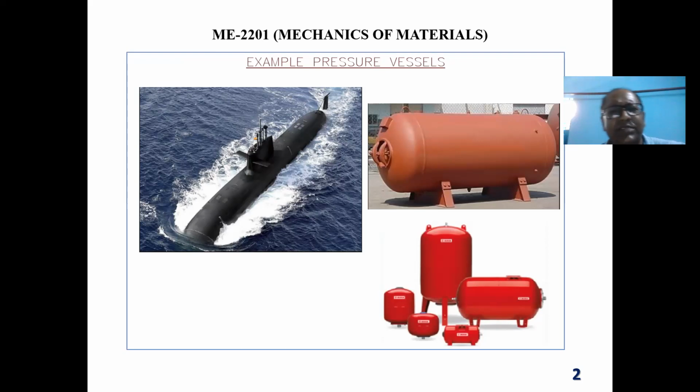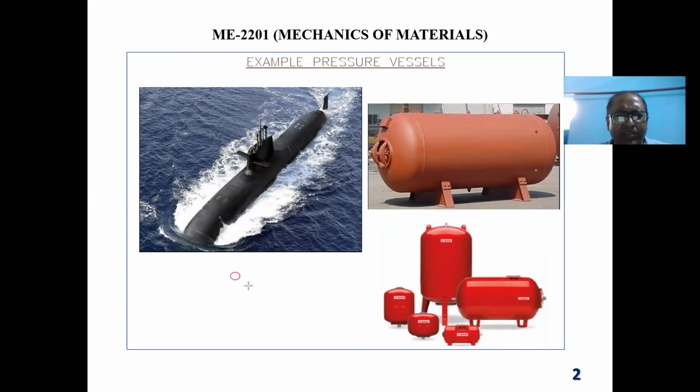Similarly, you see on the left hand side of the figure, a submarine. Actually, it's a kind of cylinder, a pipe with bigger diameter, both ends enclosed, right? It goes under the sea, say 1 mile below the sea. So what is the load on the submarine? It experiences a special load, P equal to h rho g, surrounding your submarine.